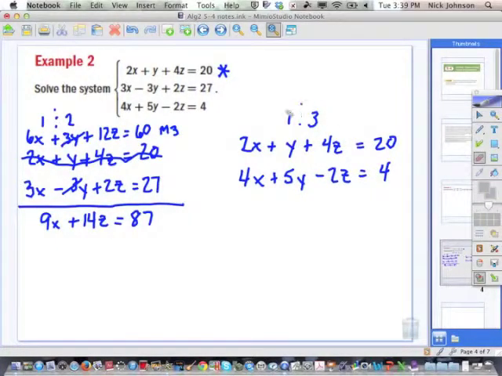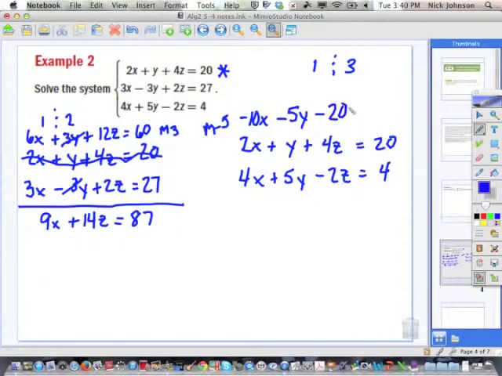And I'm just going to erase this out of the way here. This was 1 and 3. So I'm going to multiply. I got to have this be a negative 5, so I got to multiply everything by a negative 5 here. So this gives me negative 10x, negative 5y, negative 20z equals a negative 100.